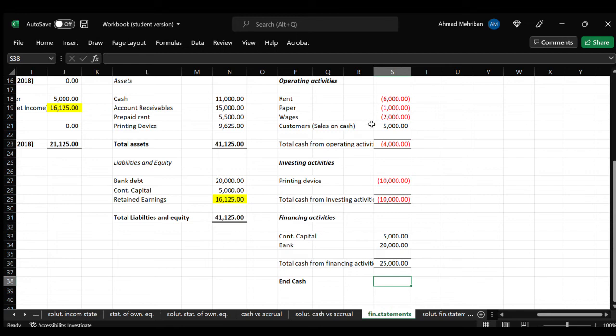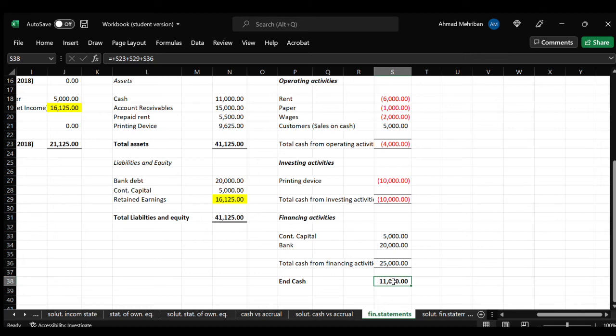You see, the red numbers are basically your expenses, what you have incurred, and so on. So you don't have to worry about that. And once you summarize these total amounts, you will see that everything is calculated just as it was supposed to be. The reason why I'm putting plus is because the numbers are negative, so they are going to calculate themselves perfectly. Now, the end cash is 11,000.